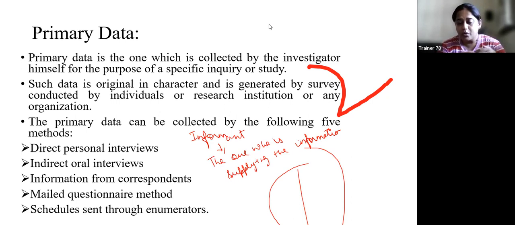So I will appoint some local agents in every area, and they will collect the information of their area and they will send it to me. I will compile all the information and then I will publish my information. This is known as information from correspondence.